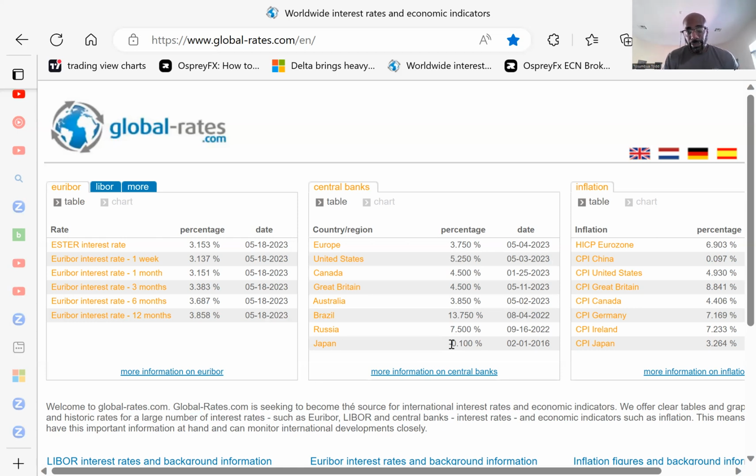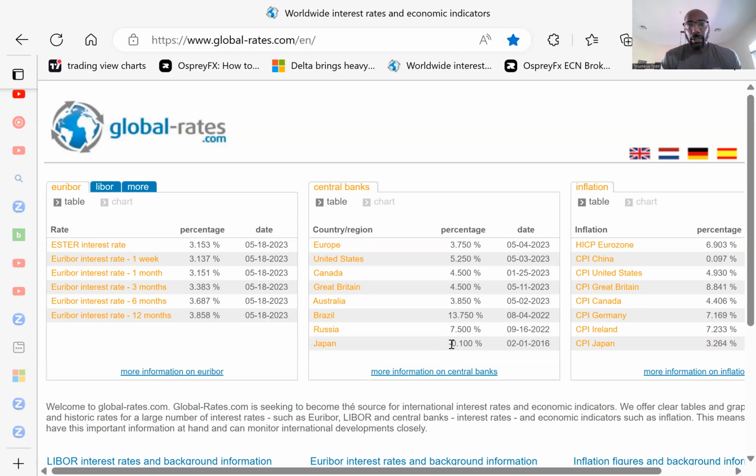So you want to sell any pair against the Japanese yen. So you have GBP JPY, USD JPY, CAD JPY, EUR JPY, you click sell. The value is going to drop on those currencies because the yen is going to get strong. Okay.